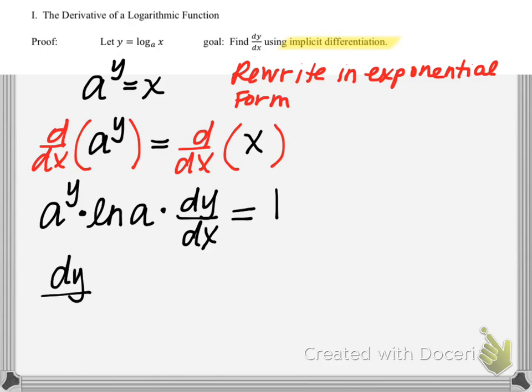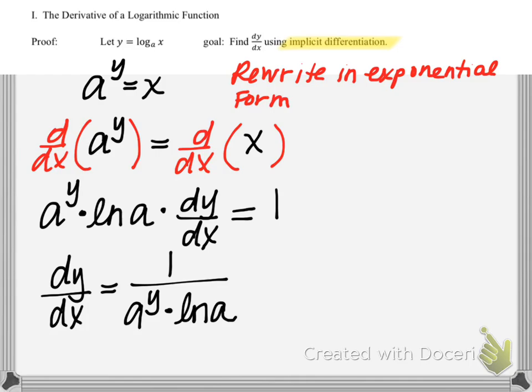And finally, we'll go ahead and solve for dy dx by dividing both sides by a to the y power times the natural log of a. So our dy dx is equal to 1 divided by the quantity a to the y times natural log of a. But if we look back up in our work, we notice that a to the y power is actually equal to x.